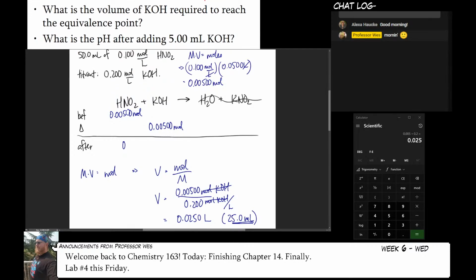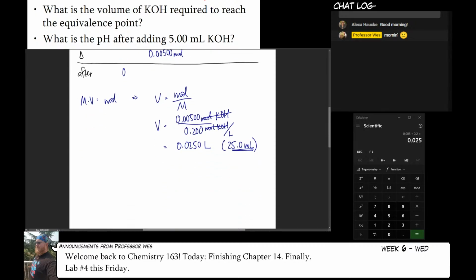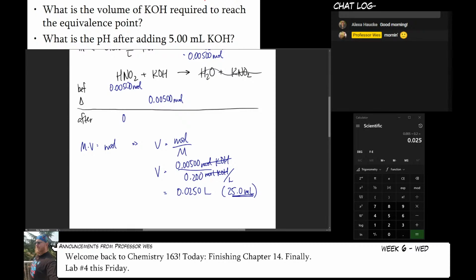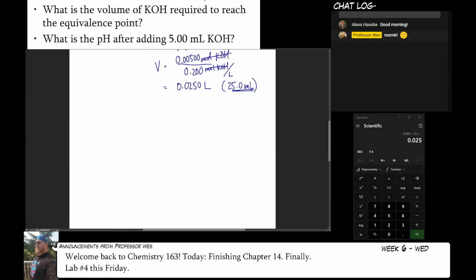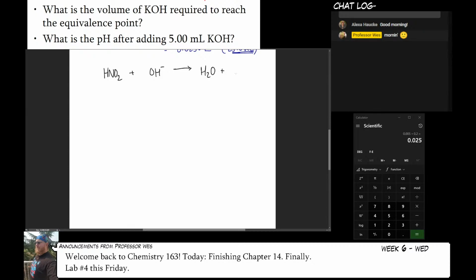All right. We want to find the pH after adding 5 milliliters of potassium hydroxide. Okay, so let's do that. We'll just scroll down. All right, so we're going to write the reaction, let's just write it this way, because these are the parts that we're going to care about.